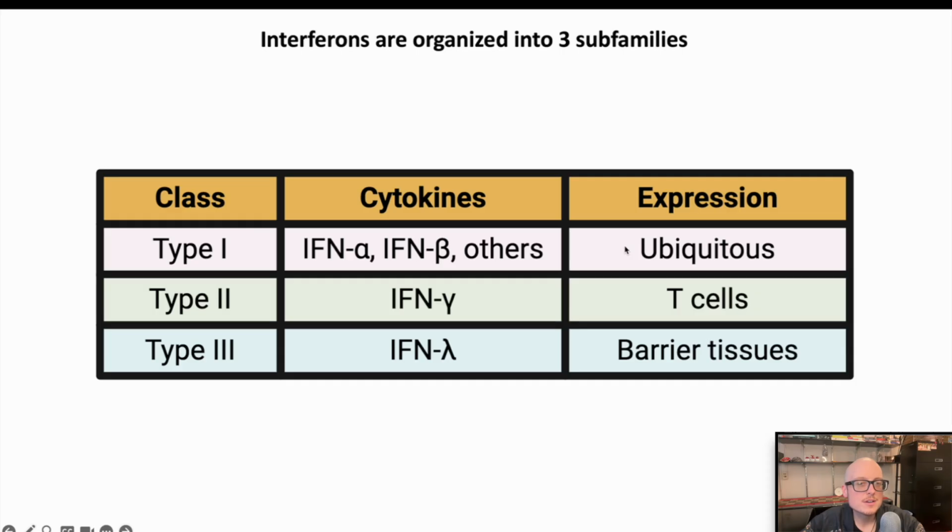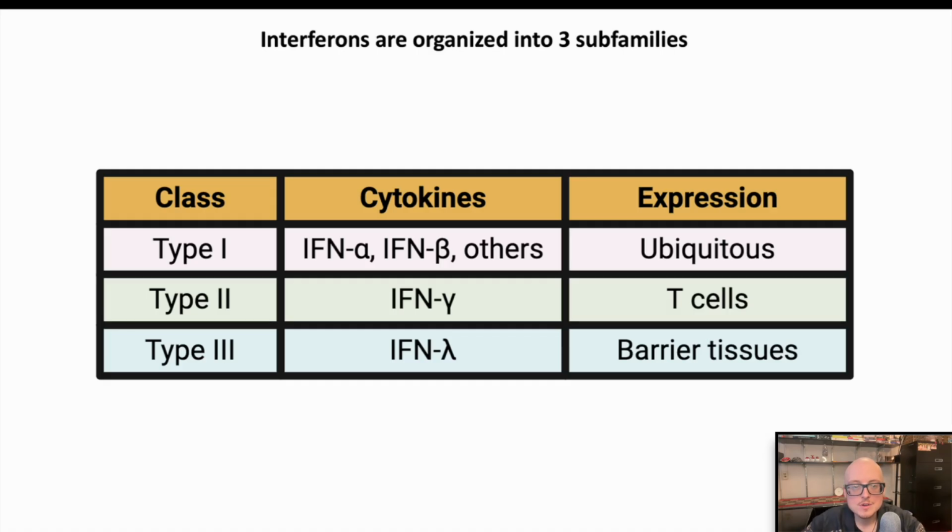Again, they represent a very primordial form of innate defense against viruses. And because most cell types are susceptible to one virus or another, it's a very conserved feature of innate immune signaling that most cell types can make type 1 interferon and use it in response to viral infection.